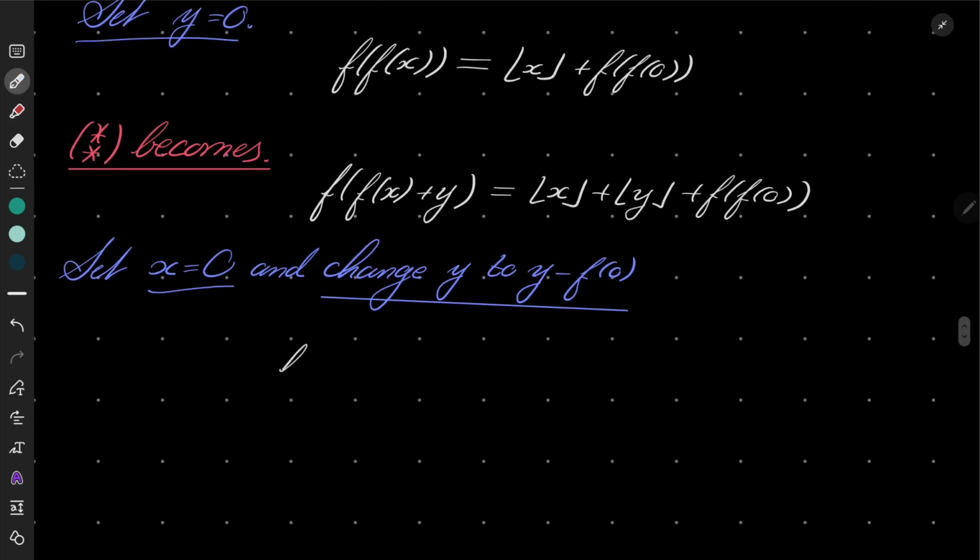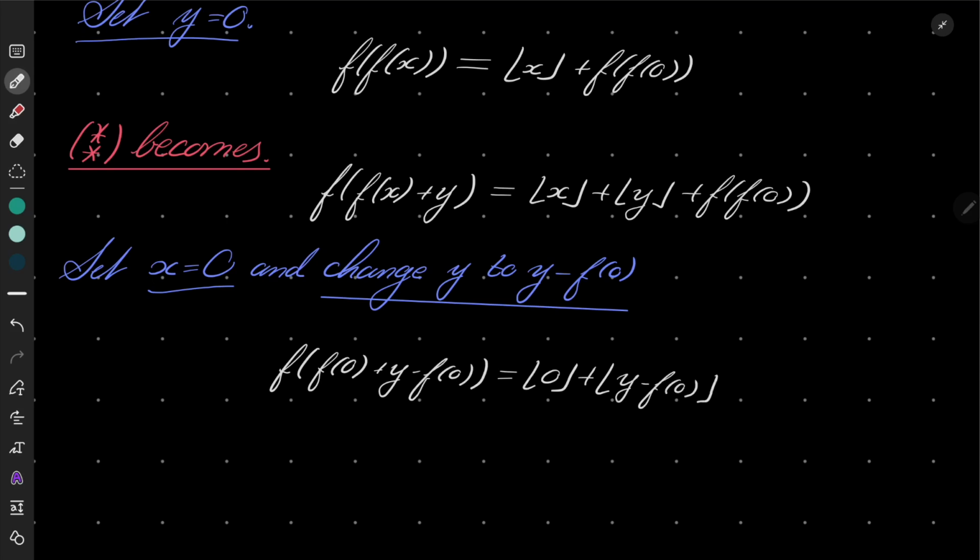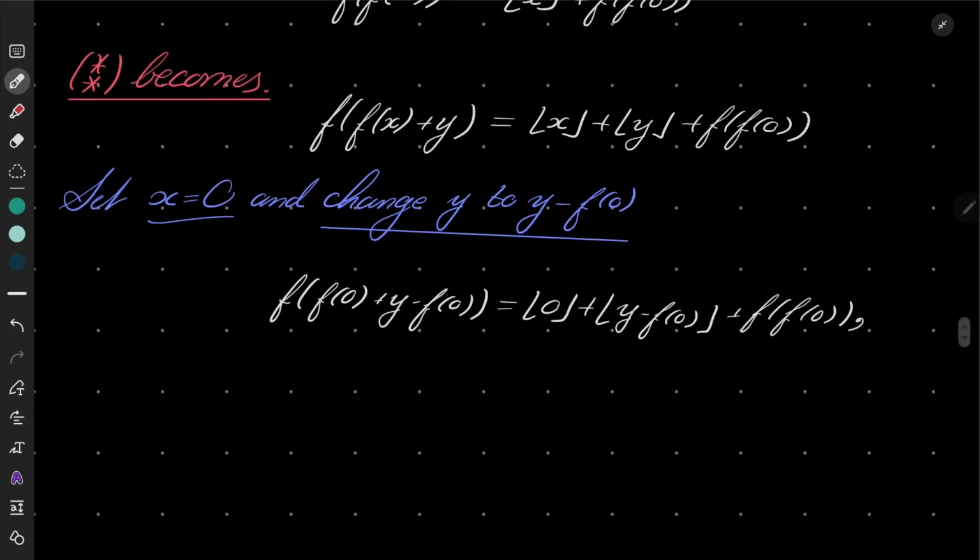Well, we have f of 0 plus y minus f of 0 equals floor of 0 plus floor of y minus f of 0 plus f of 0. Let's simplify it. Here we have f of y, and floor of 0 is 0.